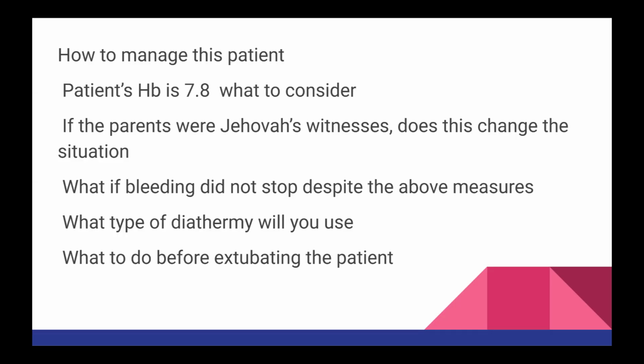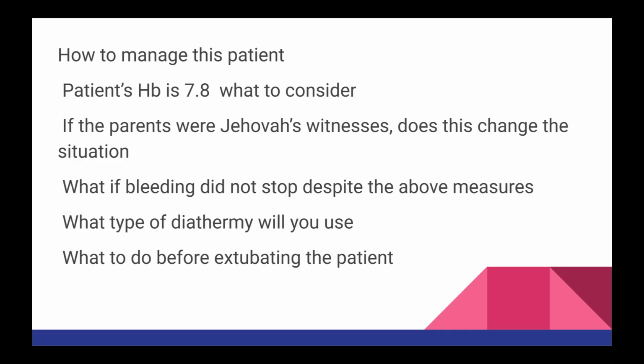Okay. So if the Hb is 7.8 and the parents of this child are Jehovah's Witnesses, does that change anything in your management? Since they have the tradition of not accepting blood transfusion as part of their religious belief, if the 9-year-old is stable, then I will wait and I will not transfuse blood.